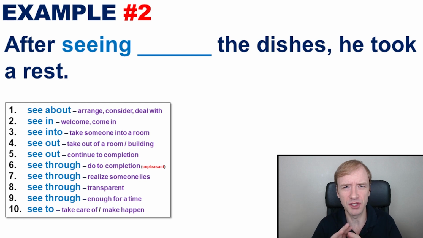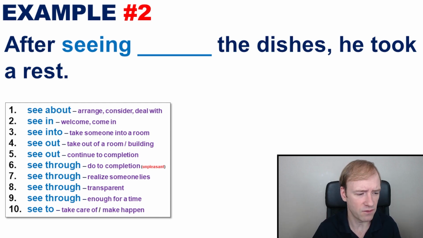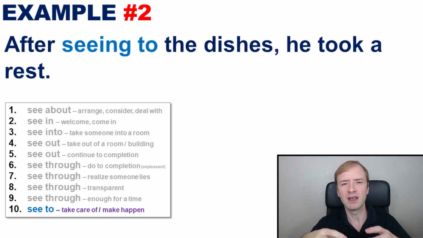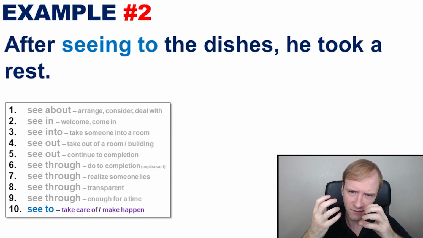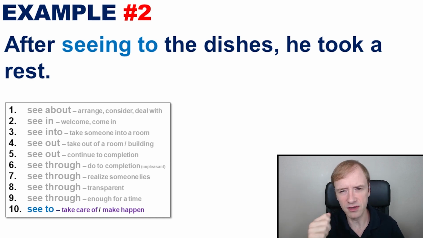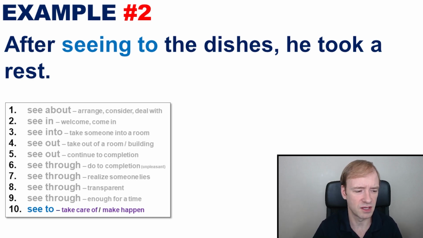When you're washing dishes, we want to finish washing the dishes. So our focus here is more on the seeing to the dishes. Okay? So after seeing to the dishes, after, take care of, making happen, again, doing that work and finishing that work, he took a rest. Okay, after seeing to the dishes, he took a rest.